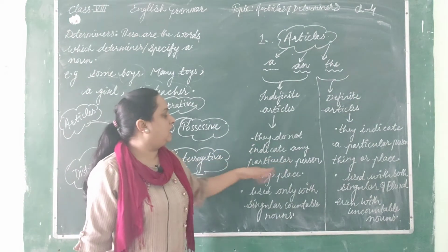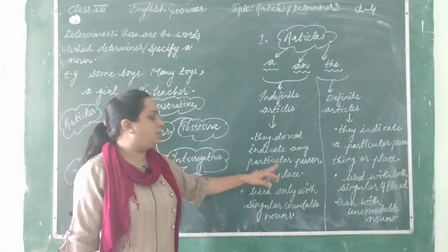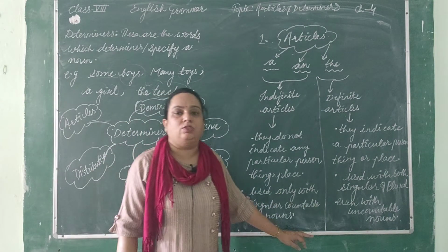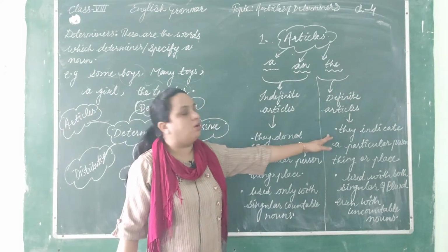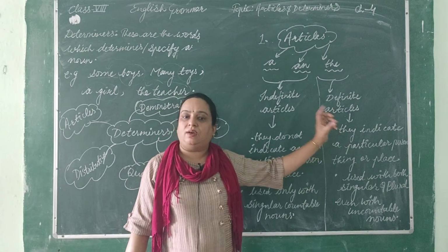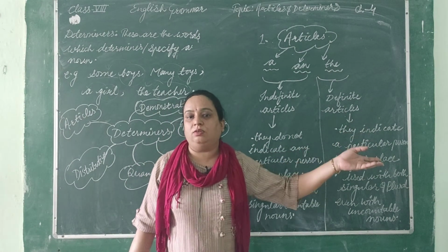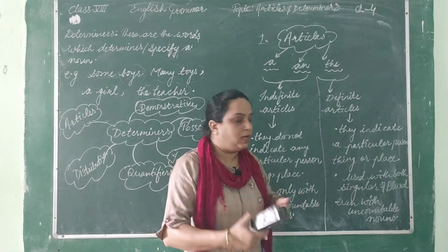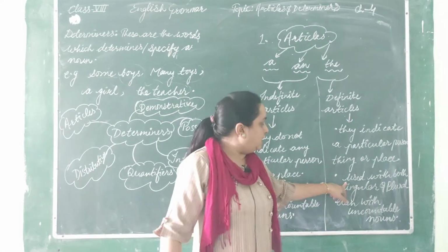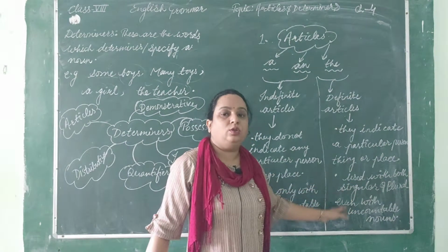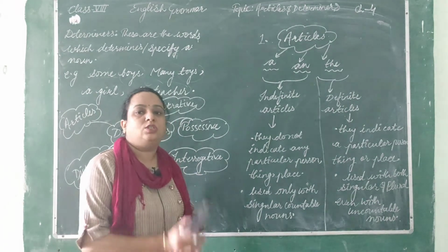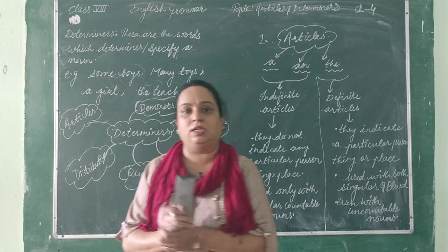They do not indicate any particular person, thing or place, and are used only with singular countable nouns. But when we talk about the, because that is definite itself, it tells about a definite person, thing or place, the particular, the proper. So that is used with singular and plural both, even with uncountable nouns. So please take a screenshot of this, note it down in your notebook and learn it for your examination.